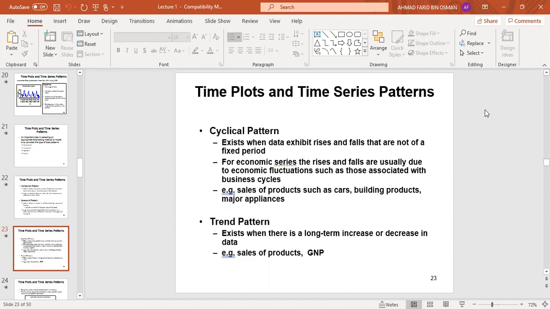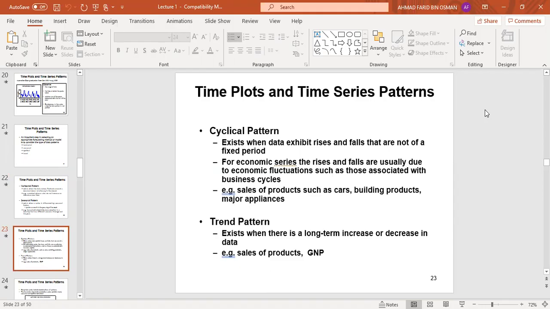A cyclical pattern exists when data exhibit rises and falls that are not of a fixed period. For economic series, the rises and falls are usually due to economic fluctuations, such as those associated with the business cycle, for example sales of products such as cars, buildings, major appliances. So if you have monthly data, then in a certain period it has high values and then decreases after a certain period, and so on.